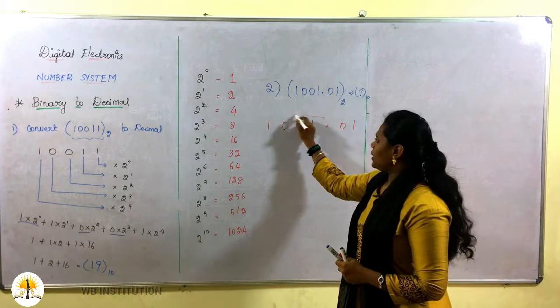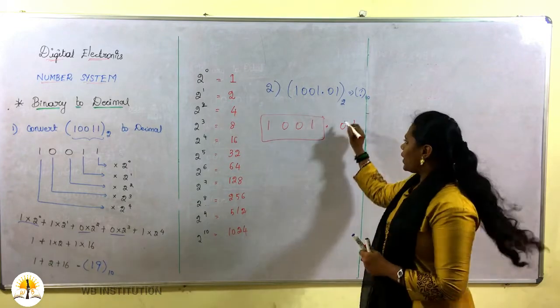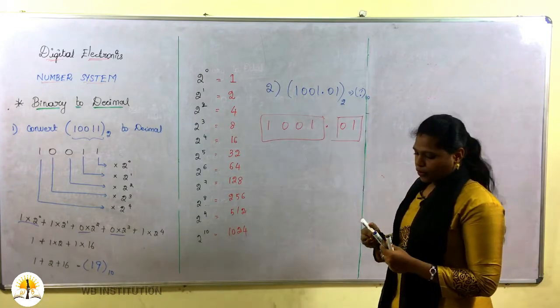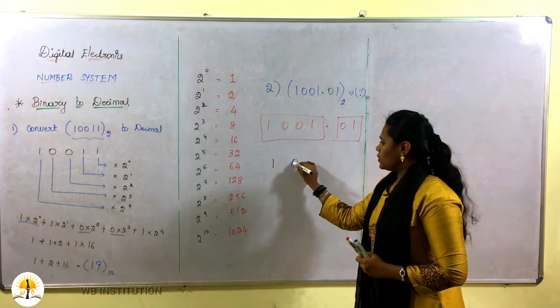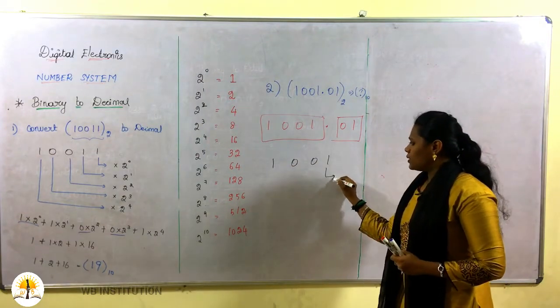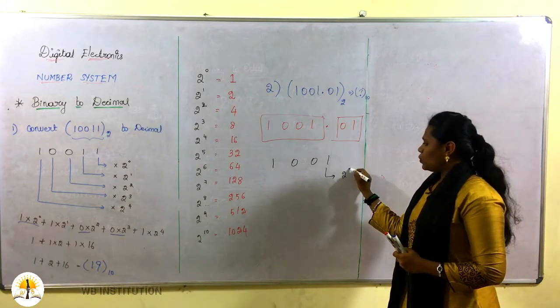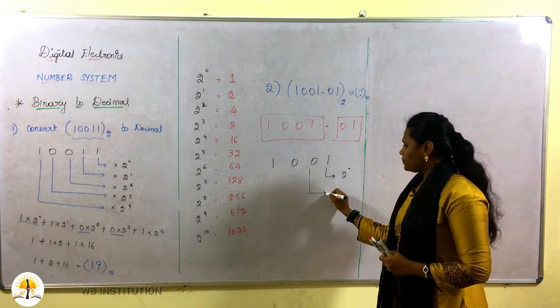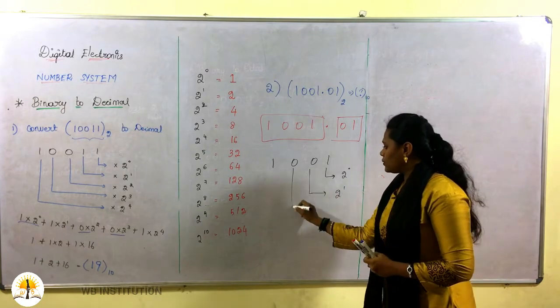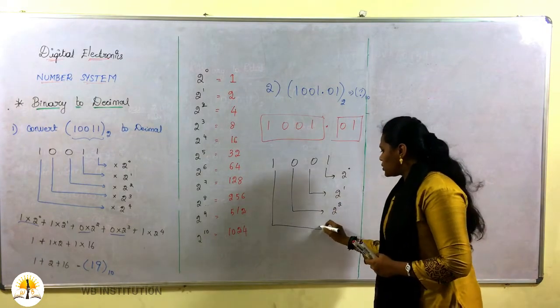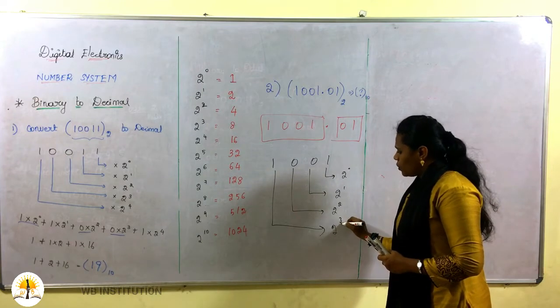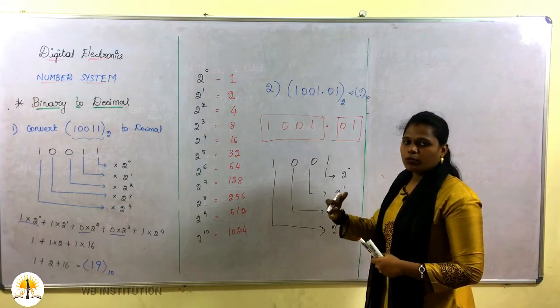Just take the bits before the decimal point and after the decimal point. 1 0 0 1: the first bit is multiplied with 2 power 0, 2 power 1, 2 power 2, this is 2 power 3. So however many bits there are, you need to multiply with the corresponding power of 2.